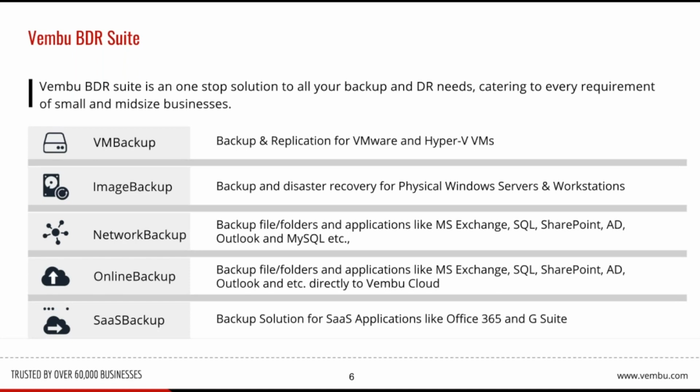Vembu provides backup solutions, and the backup solutions differ from data center to data center. There are a few data centers that do not compromise on their downtime. They want their backups to be instantly booted, or they want instant recoveries.